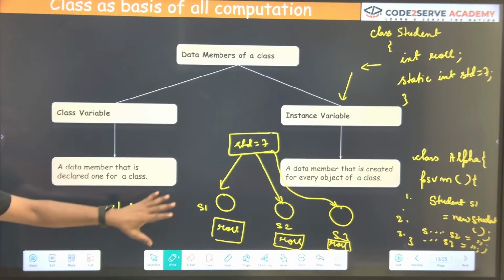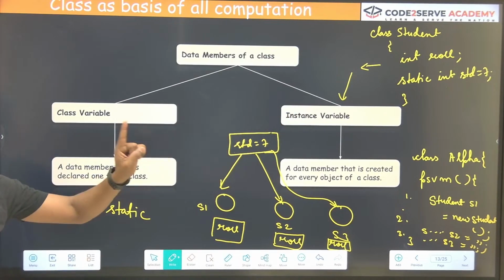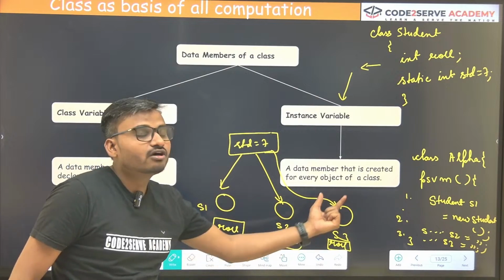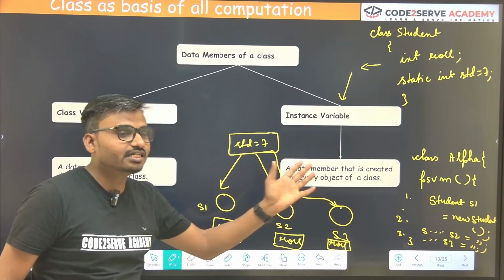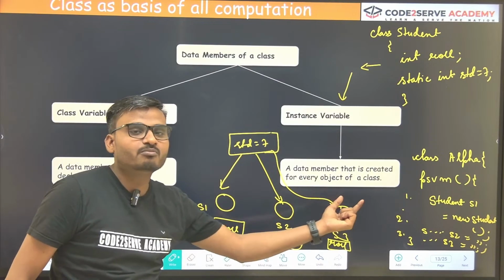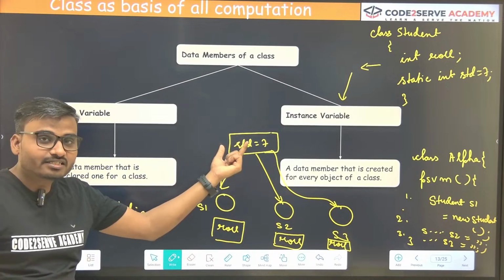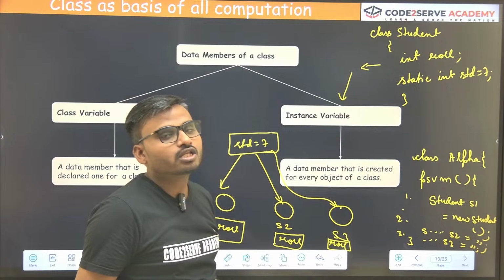The class variable is only created once, and the instance variable is created for all the objects. Suppose you create 10 objects, so 10 times that variable will be created, and for a class variable only one time it will be created, and its value will be shared across all the objects.